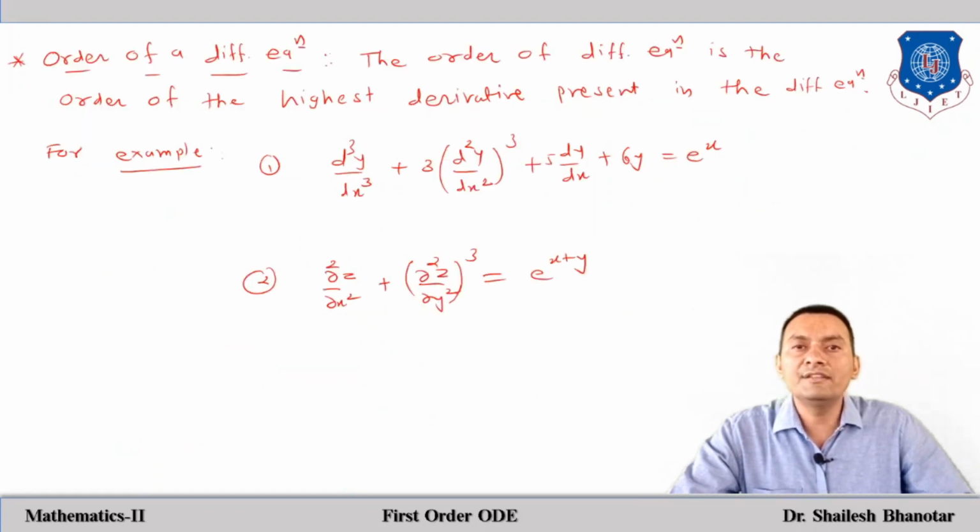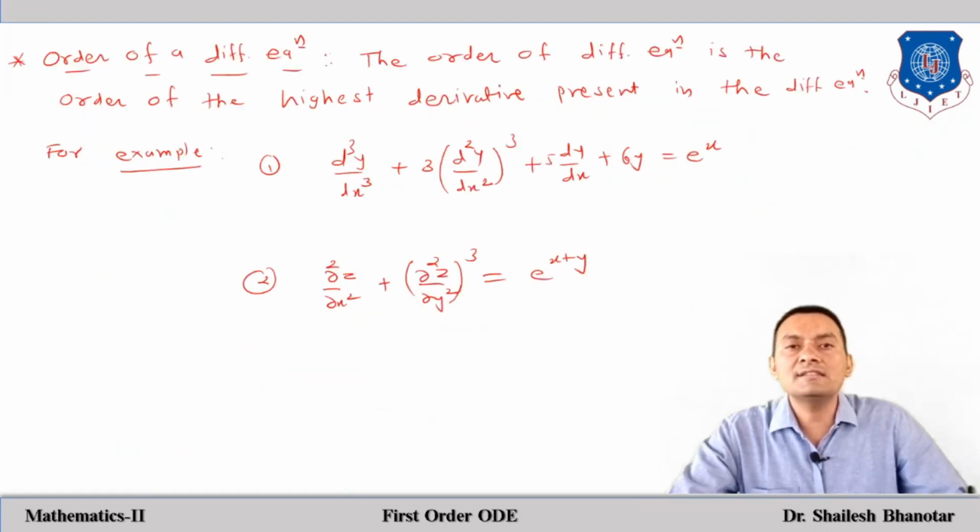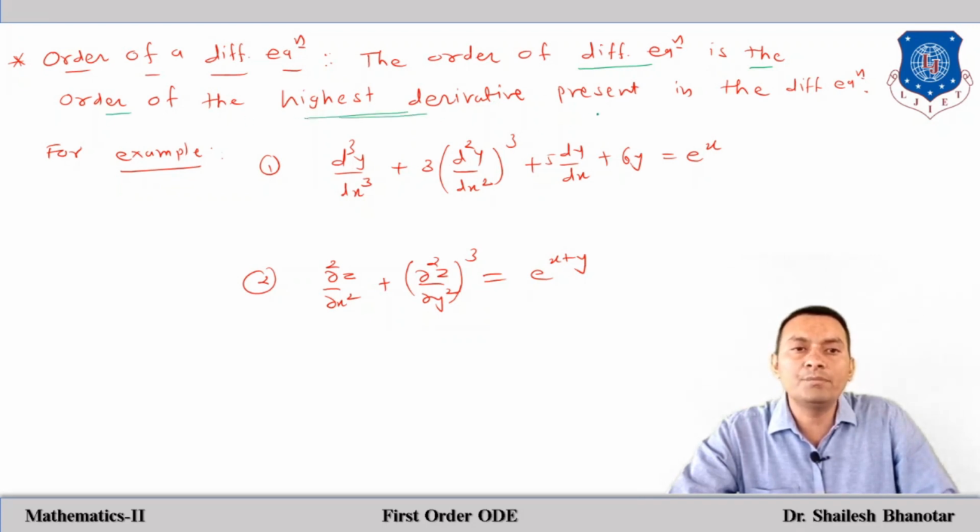Then, the order of a differential equation. First let us see the definition. The order of a differential equation is the order of the highest derivative present in the differential equation. So what is the highest derivative present? If we look at equation number 1, the highest order derivative involved is 3, the second highest is 2, and the third is only 1.